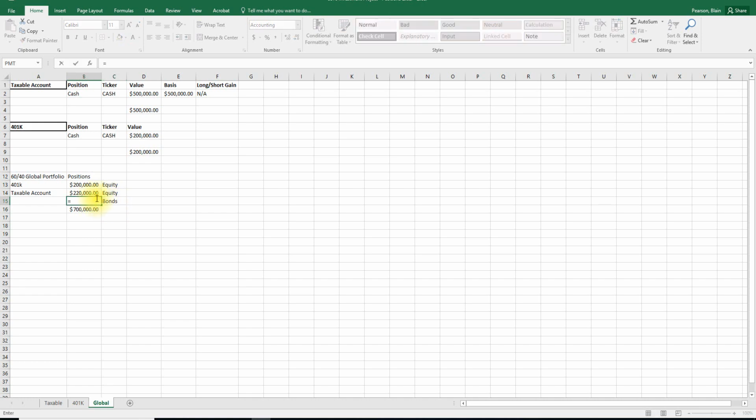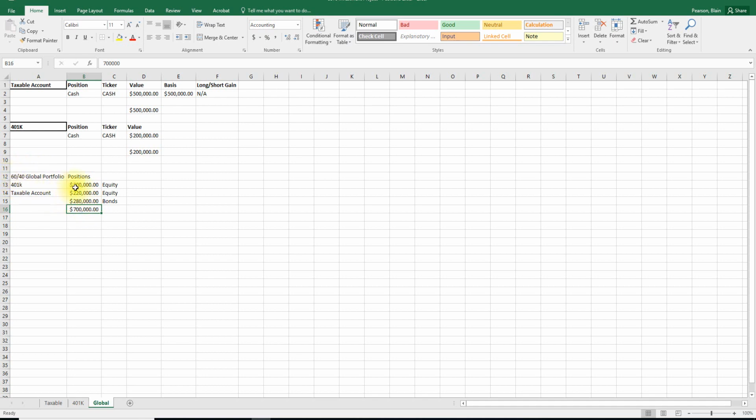So we can hit equals the total amount minus the equity amount in her taxable account and minus the 401k amount. This will tell us that she will need $280,000 worth of bonds to achieve a 60/40 portfolio.